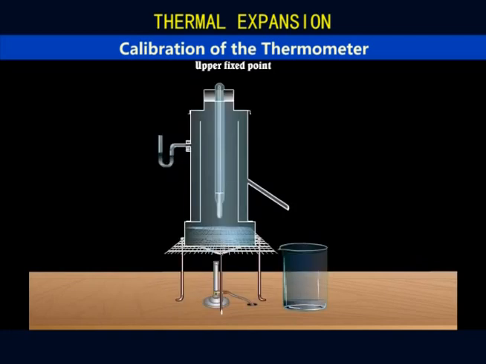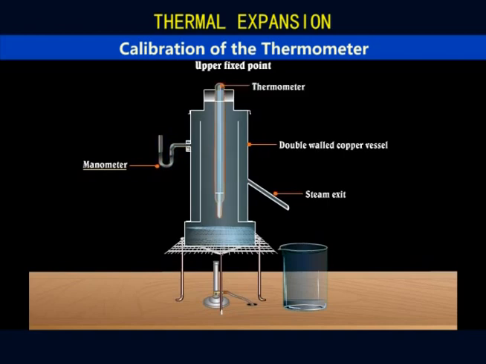The upper fixed point is fixed using a double-walled vessel having 2 side tubes, one for the steam to exit and the other for the manometer, which indicates the difference in pressure between the chamber and the atmosphere. The thermometer is inserted through a cock at the top such that the bulb of the thermometer remains above the surface of the water inside.